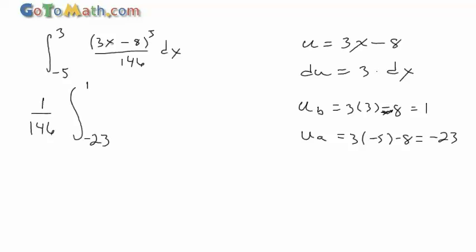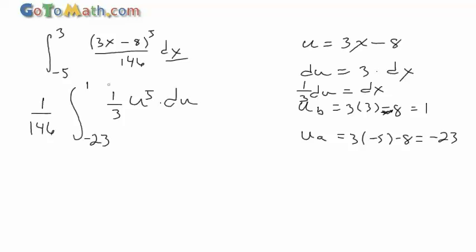This gets replaced with the u, raised to the 5th power, and the dx over here is going to get replaced with what? We want to solve for dx. We solved for dx in this equation, so we end up with 1/3 du is equal to dx. I'll take that 1/3 and bring it right here, du. So there we go. We got everything converted over.